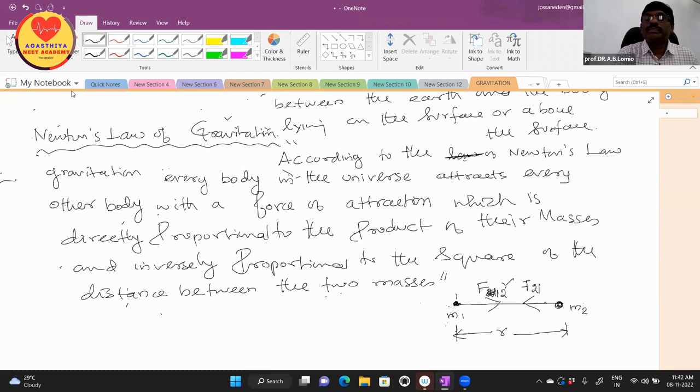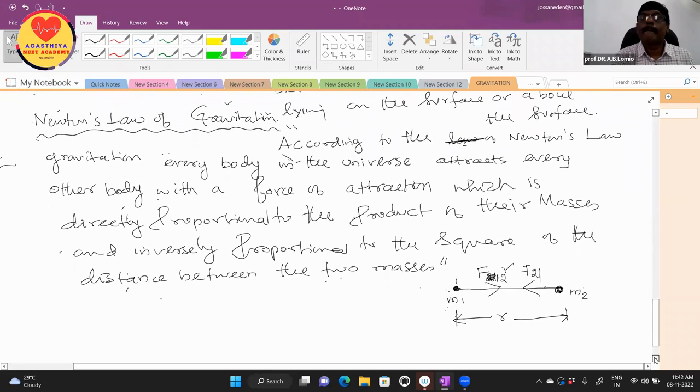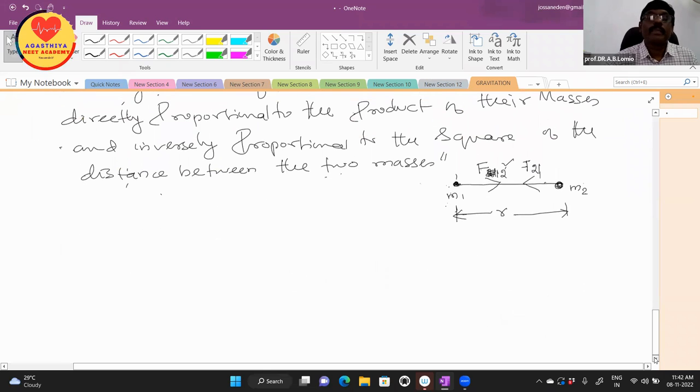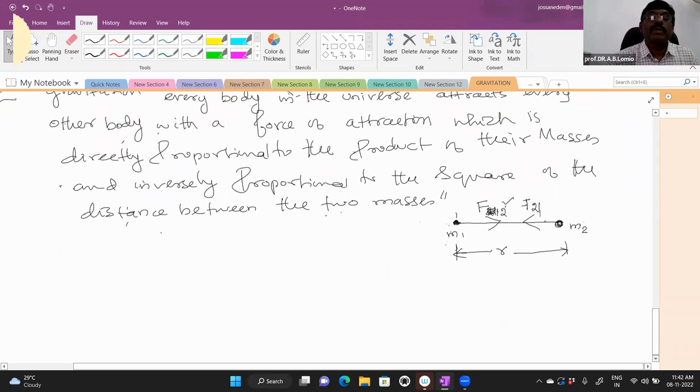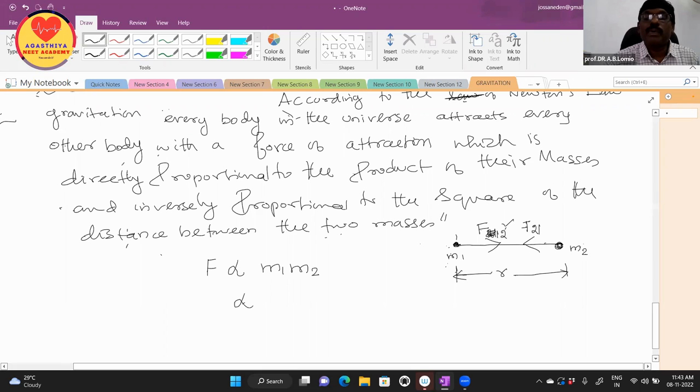Now, according to Newton's law of gravitation, the force of attraction between the two bodies is directly proportional to the product of their masses and inversely proportional to the square of the distance between them. That is the mathematical statement.